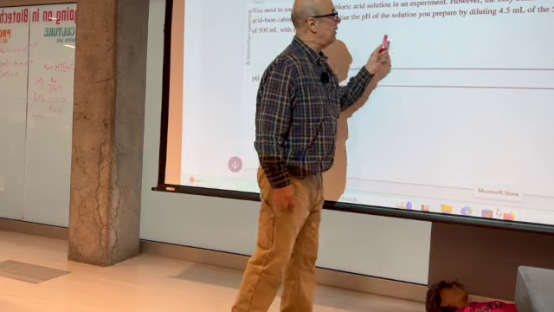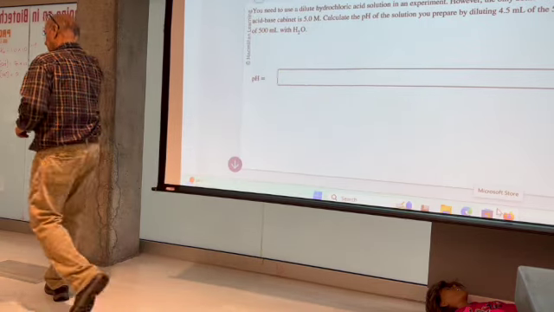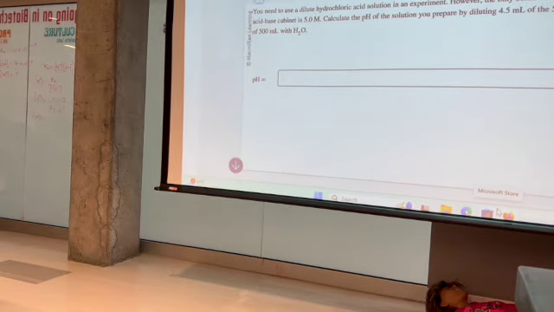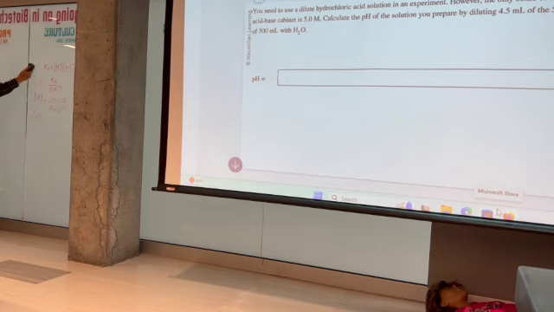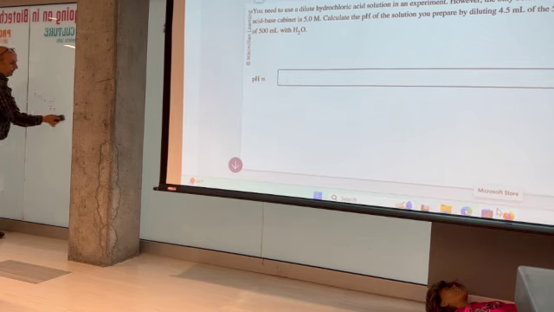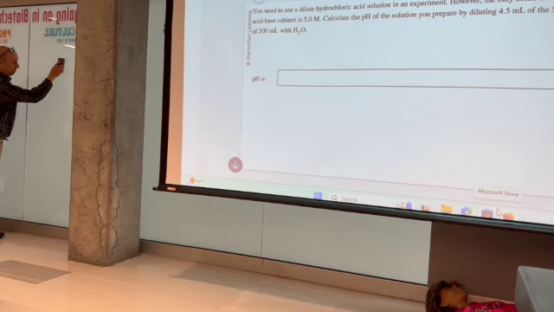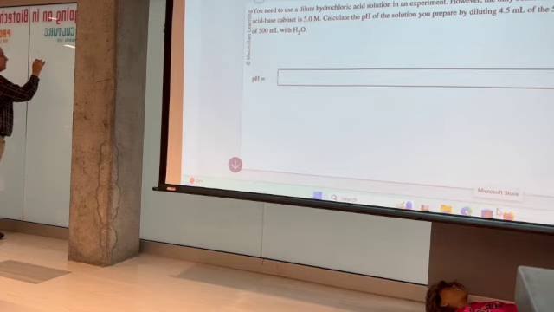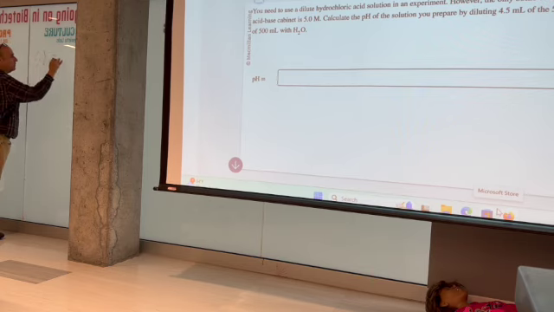Okay, so now, quick reminder before we address this problem. From very basic concentration principles of chemistry, you have this relationship of, what is it? Initial concentration, initial volume equals final concentration, final volume.